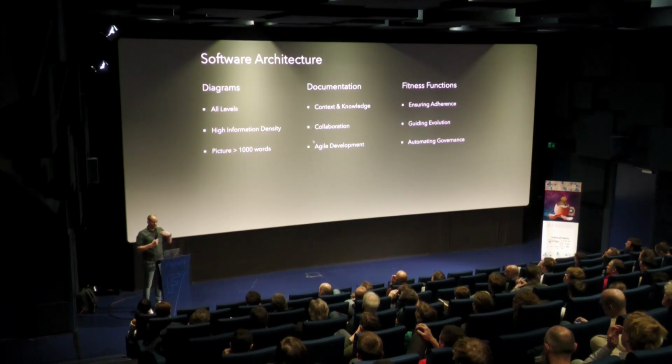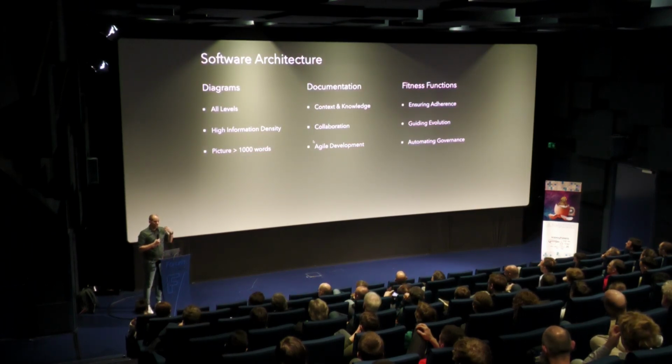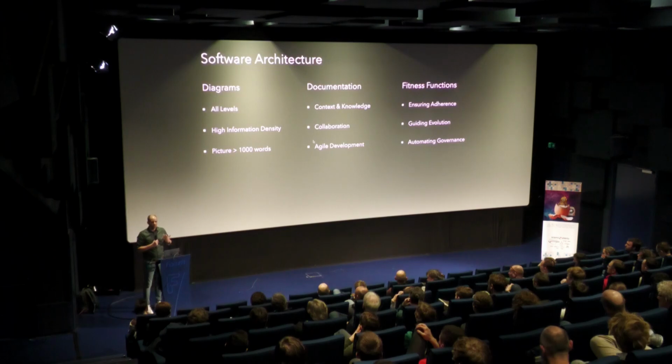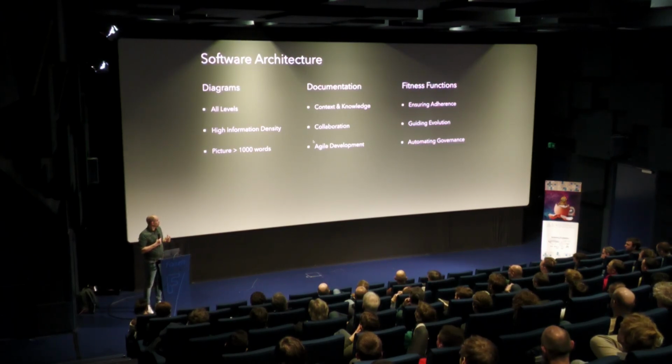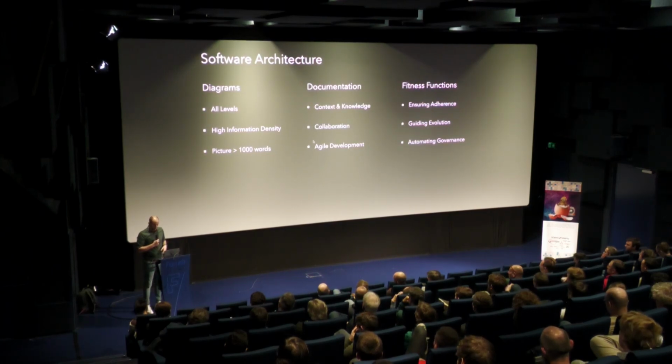And the fitness function is to make sure your architecture decisions keep the integrity of your architecture, to make sure it adheres to the principles that you've set at the beginning. They also make it possible to guide the evolution of your architecture.